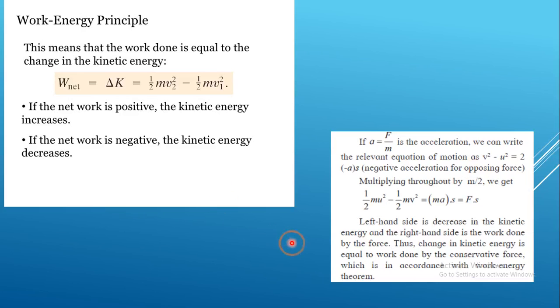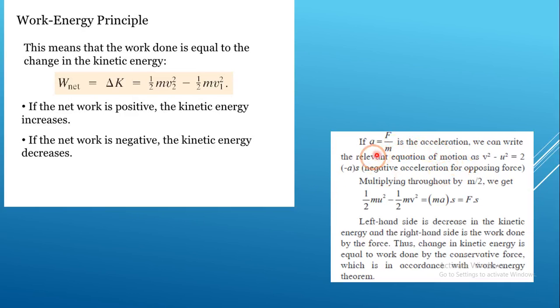Let's start with a small derivation. Consider an object of mass m moving with initial velocity u, experiencing a constant opposing force F bar, which slows it down to v during displacement S. As the initial velocity and force are oppositely directed, the entire motion will be along the same line.